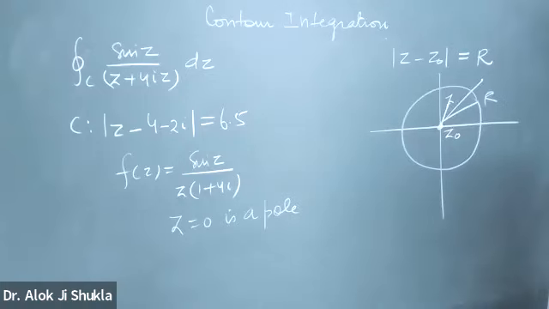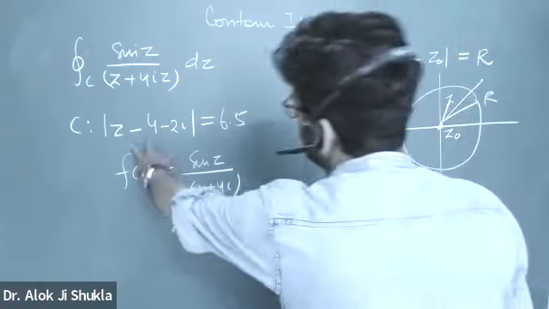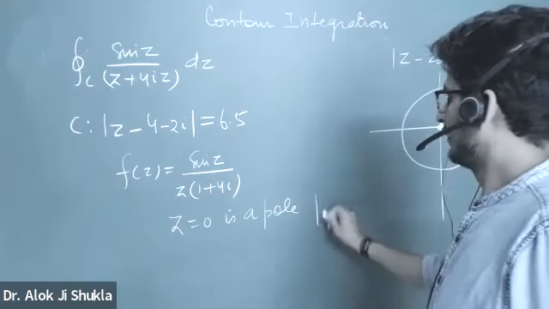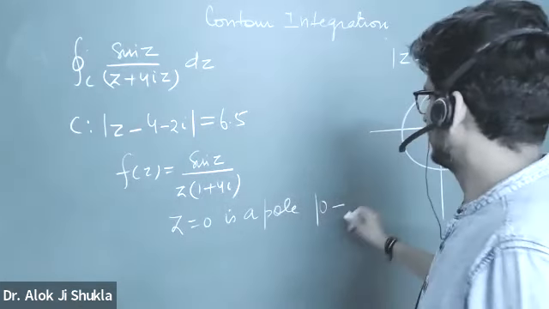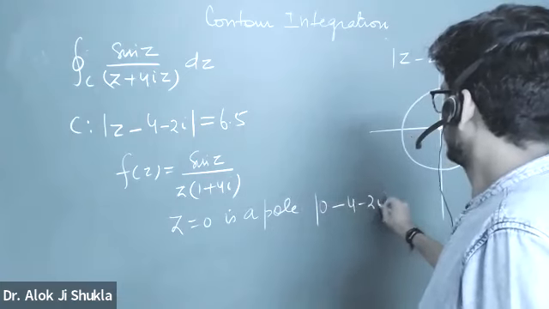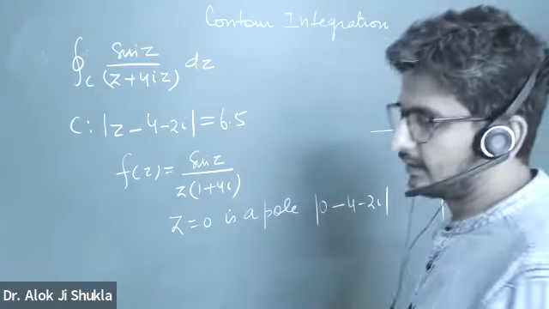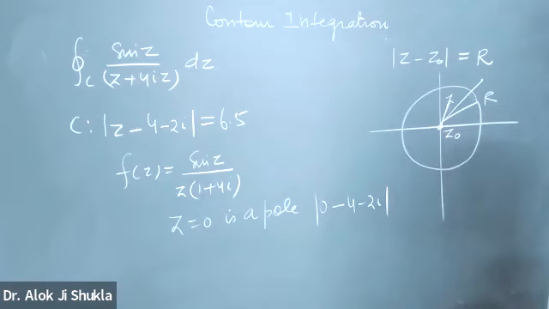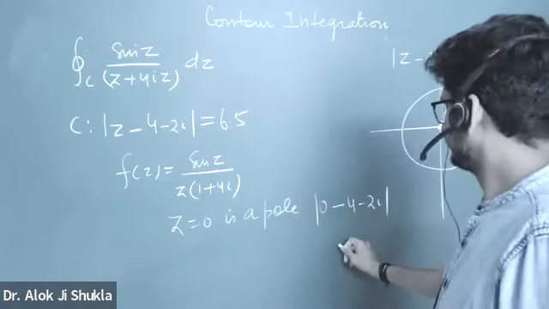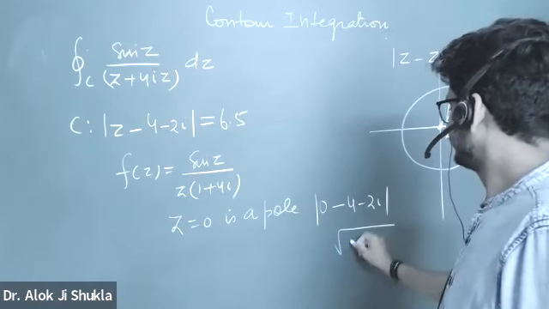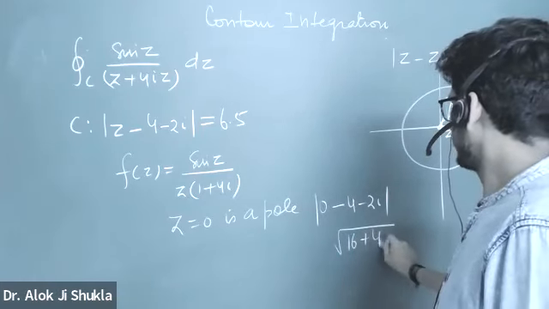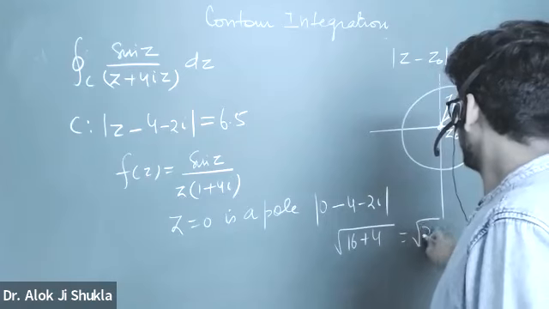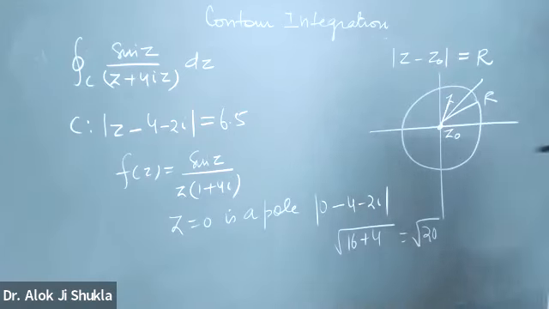So if you see for this z is equal to 0, let us see what is this length equal to, whether it is greater than or less than 6.5 using this concept. So this is under root of 16 plus 4, root of 20, 4.47, sir.